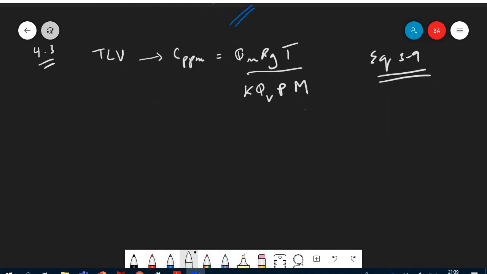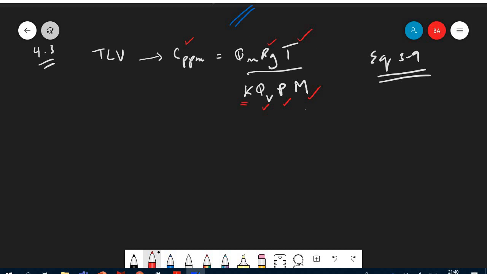So what do we have here? We have the CPPM, which we are going to substitute as the TLV value. We have the ventilation rate, of course, and the constant. We have temperature, pressure, and molecular weight. And this is the K value, in which we consider whether it is concentrated in one place or not.